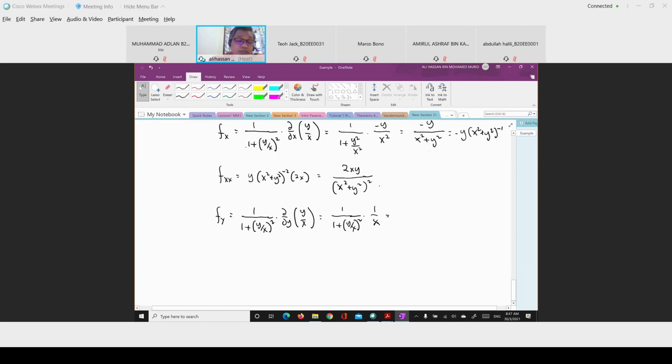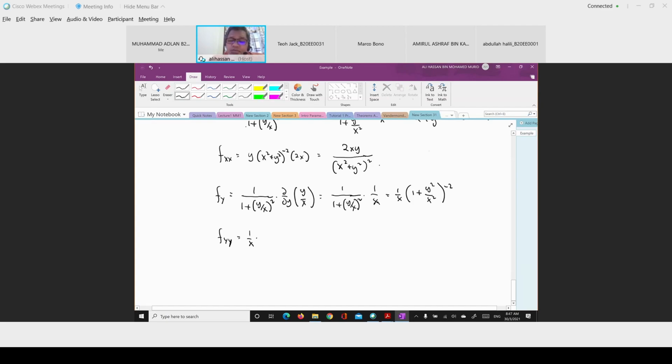So what is f partial y y? We can think of this as 1 over x times 1 plus y squared over x squared to the power of minus 1.